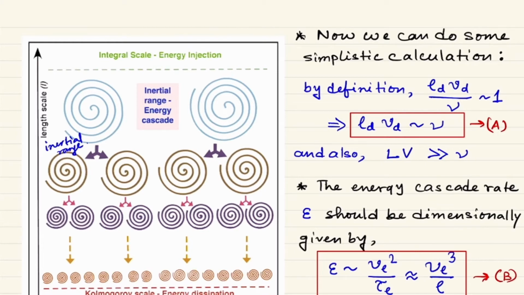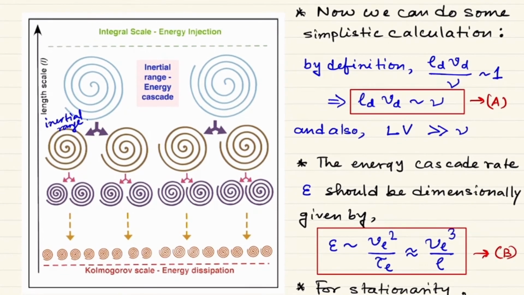According to that normalization, epsilon will simply be V_L squared by tau_L. Now this tau_L is the time required effectively for the fragmentation of an eddy of length scale L, and this is roughly nothing but L by V_L.